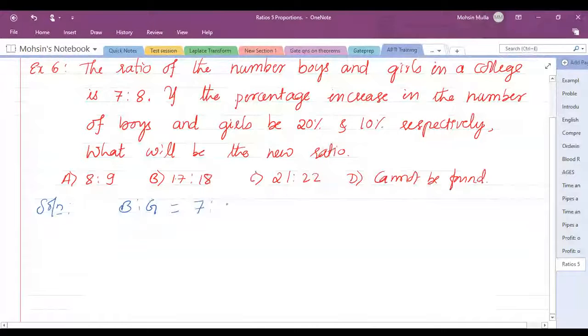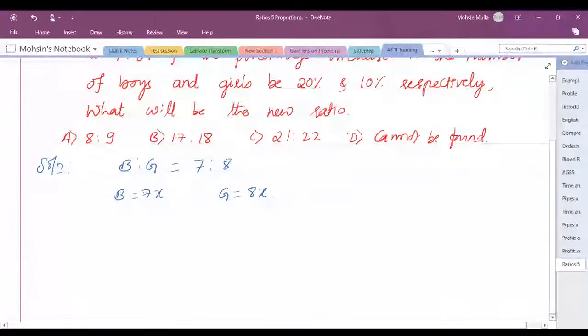That is the ratio, but actually the number of boys would be 7x, and the number of girls will be 8x. This is the actual number because the ratio is with respect to one common number. Already we have done this.